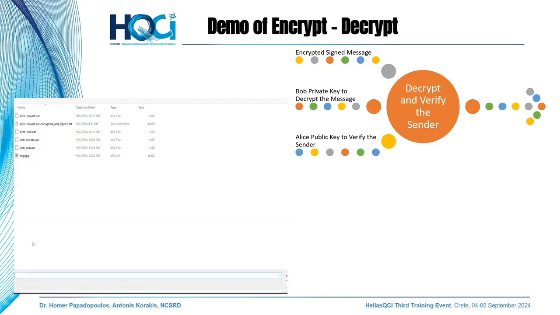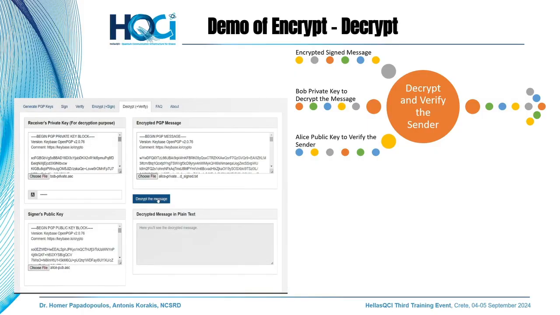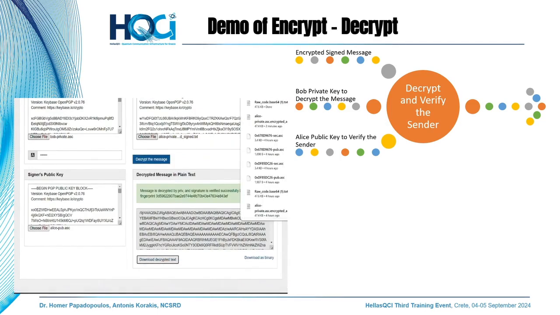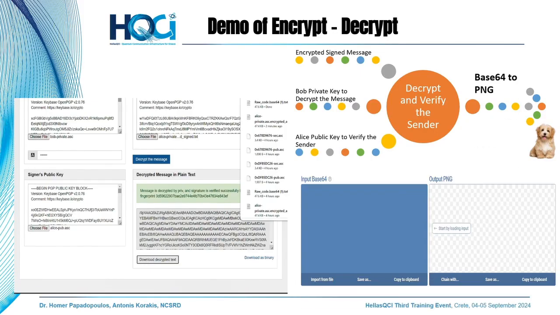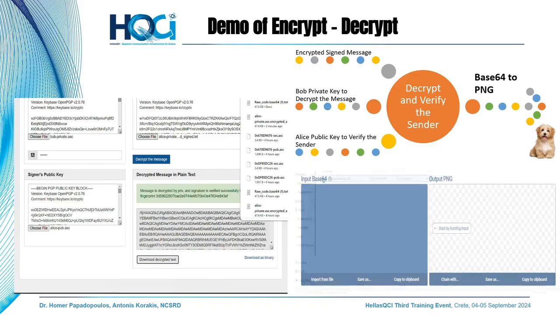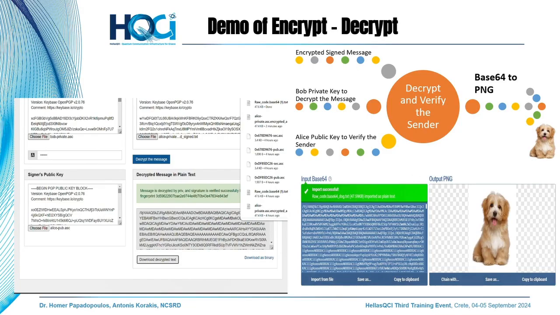And of course, we use Alice's public key to ensure that the message is from Alice. And this is the puppy. Actually, this is not the puppy because it's in base64 encoding. In that case, you can use a simple decoder. You put this message there, and this is the puppy. This is how it works.